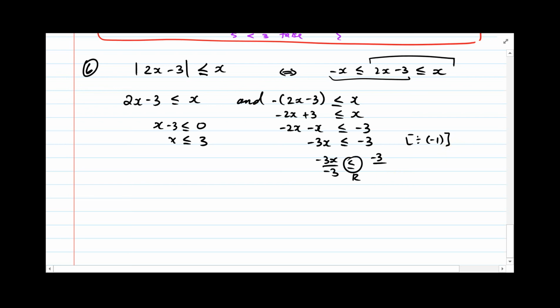Sorry, I'm dividing by negative 3. And so I end up with x is less than or equal to 1. I'm sorry, greater than or equal to 1. Thank you. So I have these two parts.